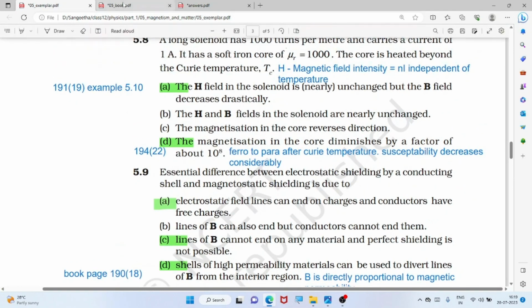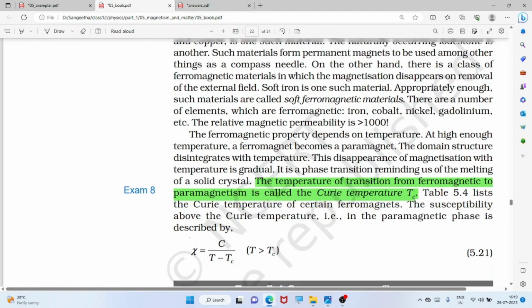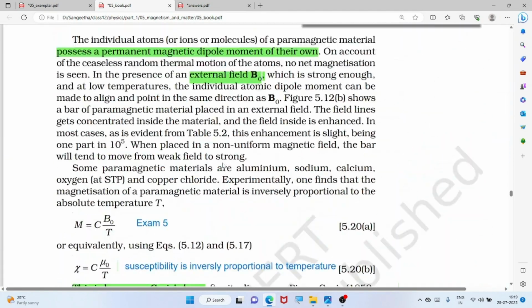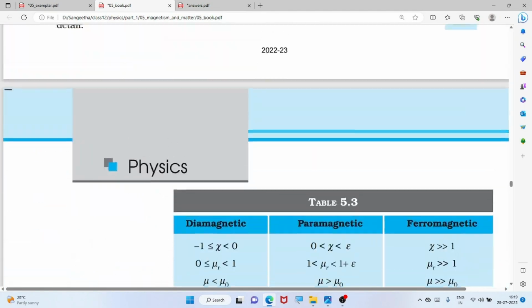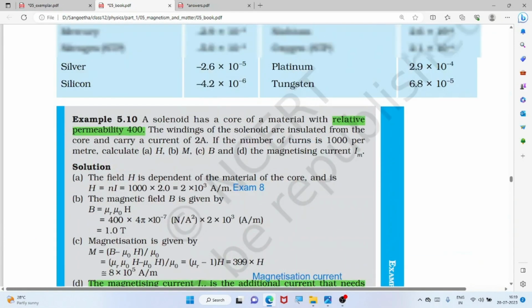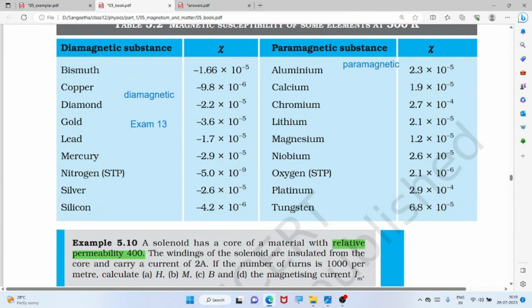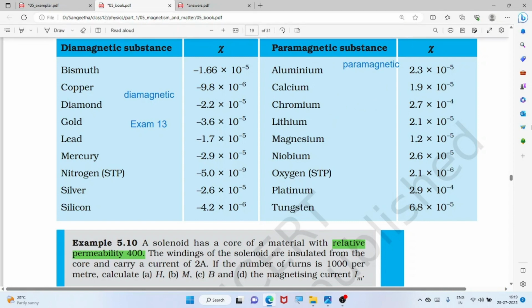You can also see these coefficients for ferro and paramagnetic, diamagnetic, paramagnetic. These will be different. Susceptibility will change when you raise the temperature.